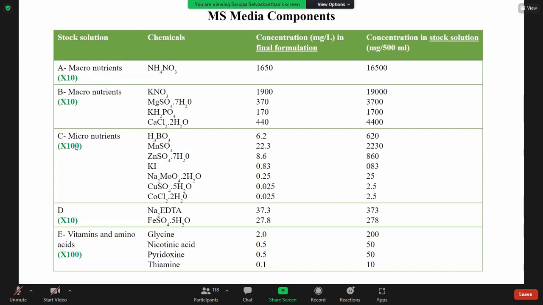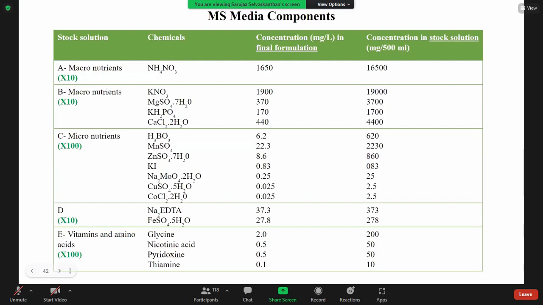Boron, manganese, zinc, like that, we add when we prepare stock C. Stock D, iron. Remember, stock D is iron. Stock solution E is vitamins and amino acids, right?